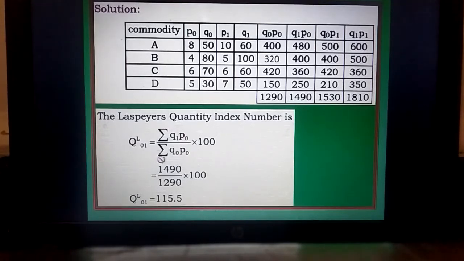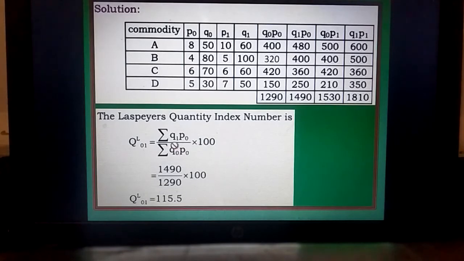Sum of Q1 divided by sum of Q0 will be present as it is a quantity index number. And we know for quantity index numbers, price will be applied as the weight. Since we are observing Laspeyres' quantity index number, Laspeyres' index number will assume the weights from base year. That's why P0 is applied as the weight. Multiplied by 100 is to express in terms of percentage.